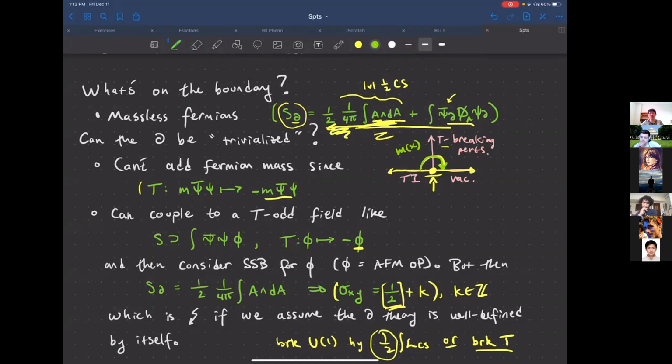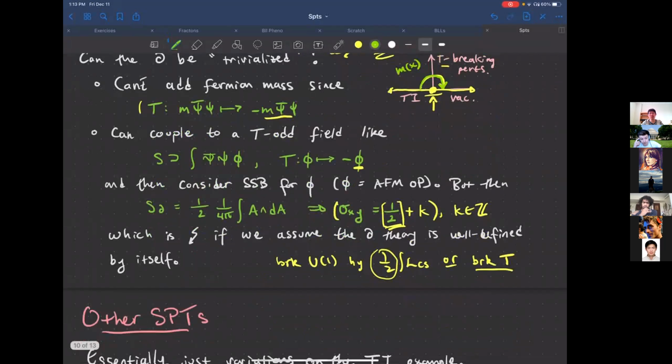So for example, if I allowed myself to break U1, again getting into discussions that Dan and I were having, this 1/2 thing, which we were saying is very important, because if I have this 1/2 on the boundary, it means there has to be a bulk, and it's responsible for the non-trivial physics of the boundary.